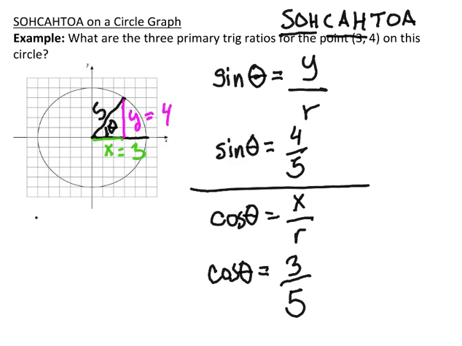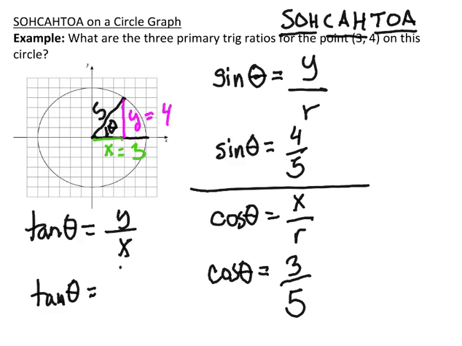And last but not least, tan of theta in general is the opposite over the adjacent. So in our little triangle here, that would be y divided by x. And if I plug in the numbers for this particular circle, I have y is 4 and x is 3. So those would be my 3 primary trig ratios for the point 3, 4 on this circle.